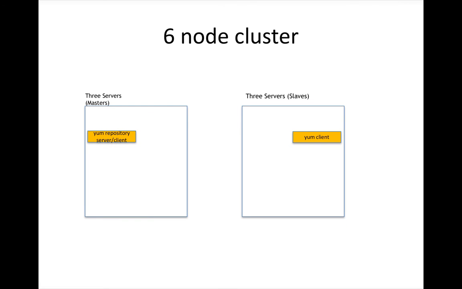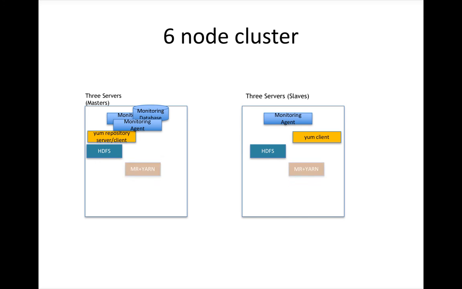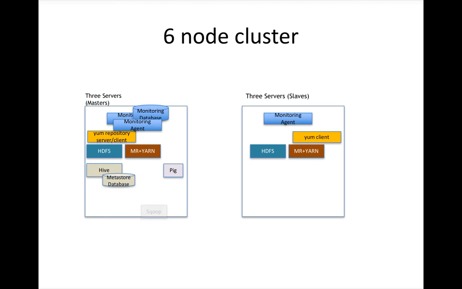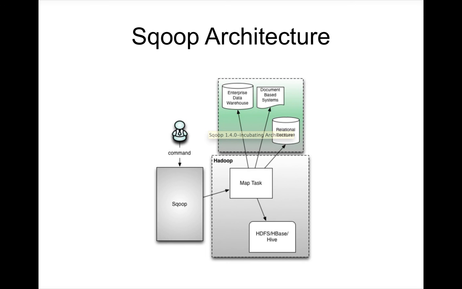We started with setting up the YUM repository server, and then we set up Cloudera Manager, which has a database, and then we set up Cloudera agents so that they send data to the manager to consolidate and report to the users. Then we set up HDFS, then MapReduce plus YARN, then Pig, then Hive with Metastore DB. And now we are going to set up Sqoop.